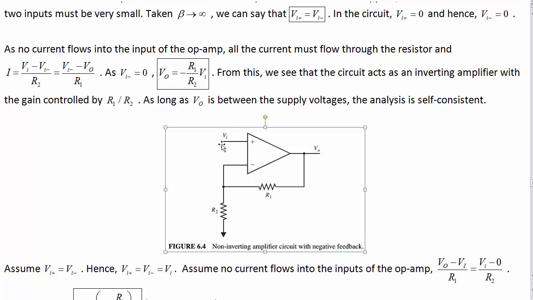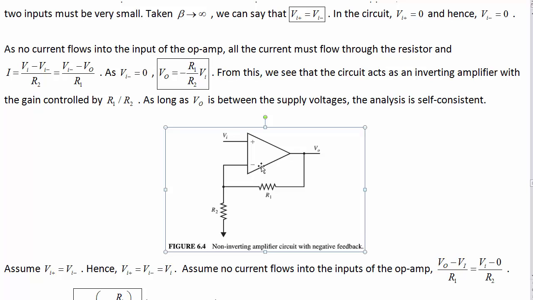So we'll analyze it the same way. Since we set this terminal to VI, the negative terminal also gets put to VI. Let's imagine it was smaller than VI. Then the output goes to infinity and, through the voltage divider, pulls it back up.